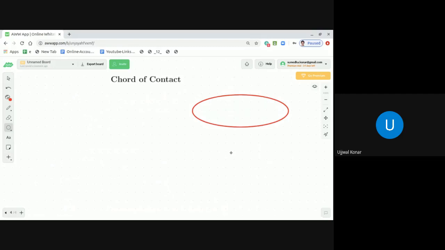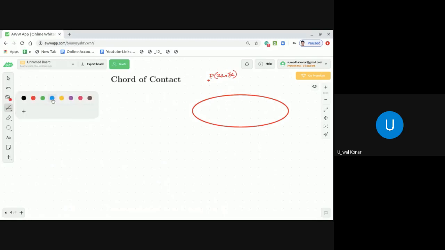And suppose this is the ellipse, and we take an external point P. We know the coordinates of the point, and suppose they are (x1, y1).